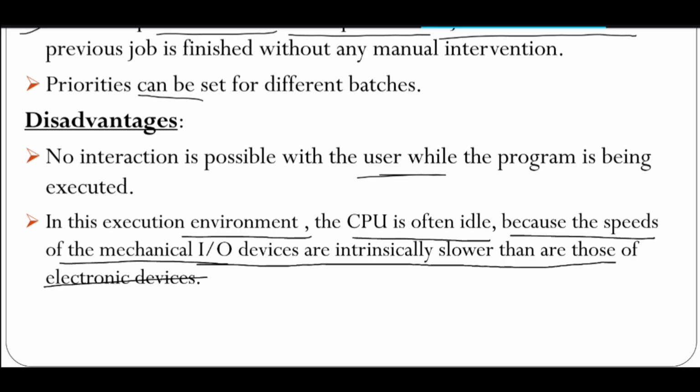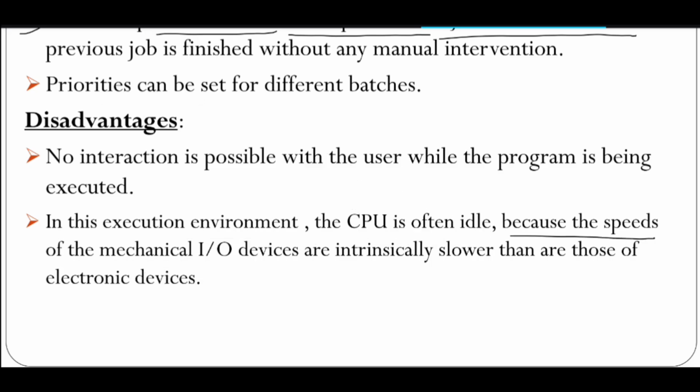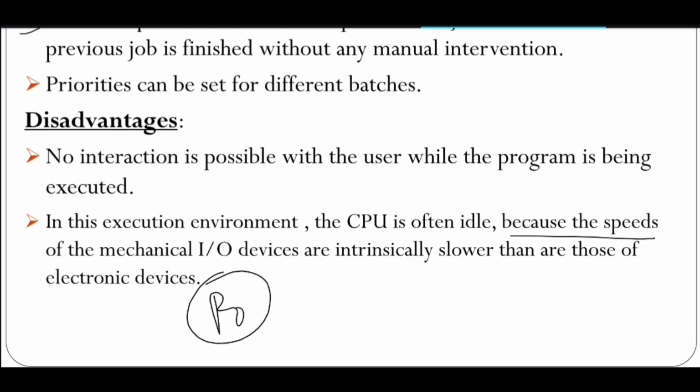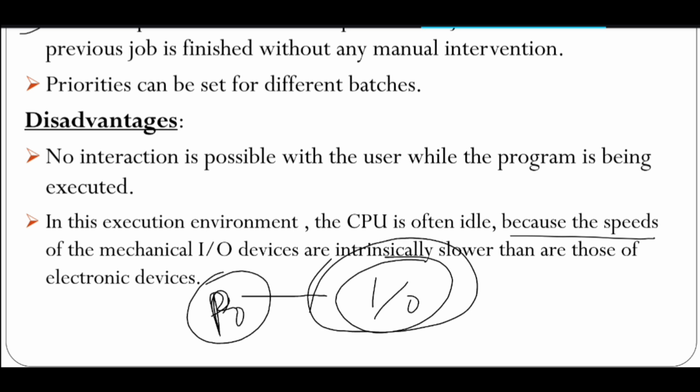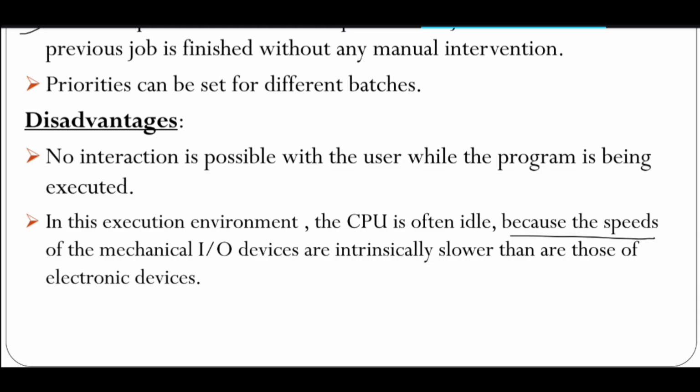Here is another disadvantage: if process P0 is executing and it needs an IO operation, the CPU will wait and sit idle until process P0 gets the input output values. This is the main disadvantage. It takes too much time, because the IO device is very slow.